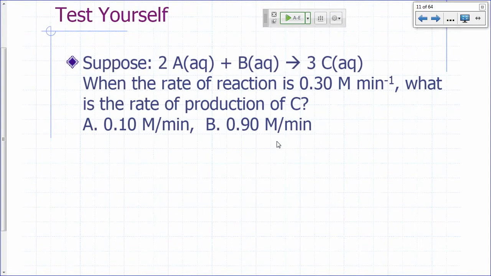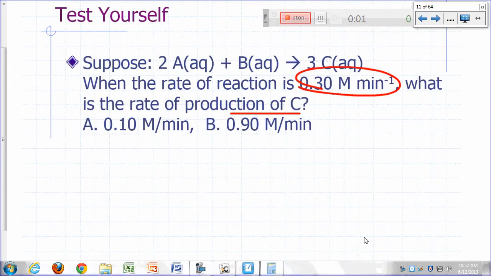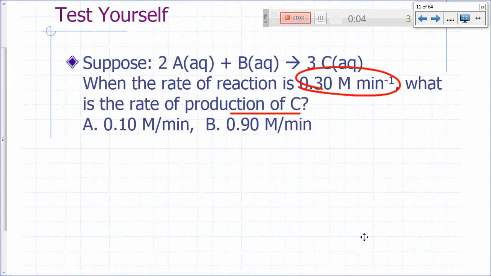Here's another clicker question. Let's say you have a reaction 2A plus B gives you 3C. The rate of reaction is 0.3 moles per liter per minute. What's the rate of production of C? Is it 0.1 or 0.9?